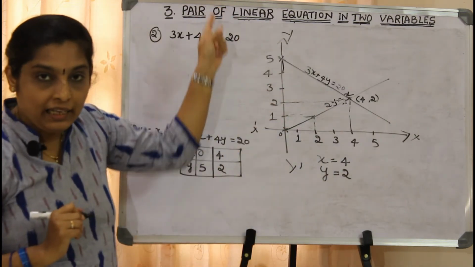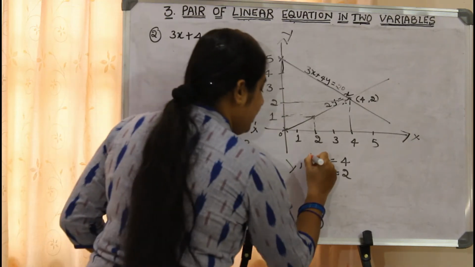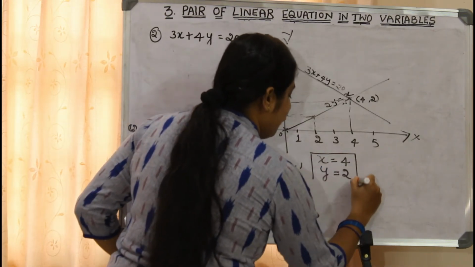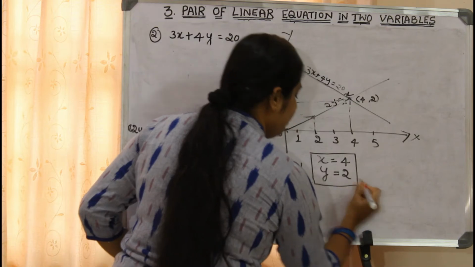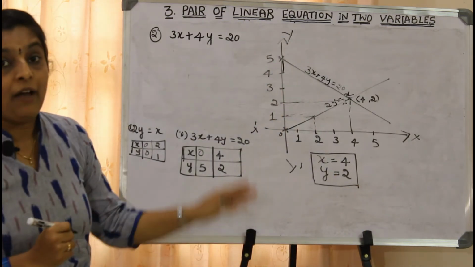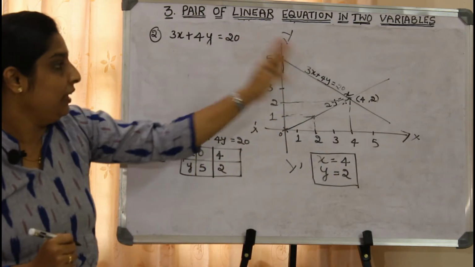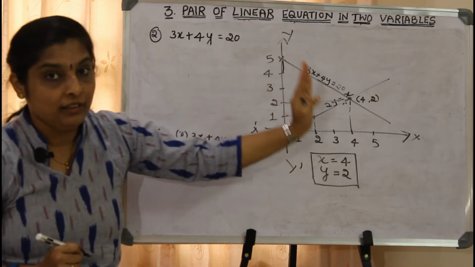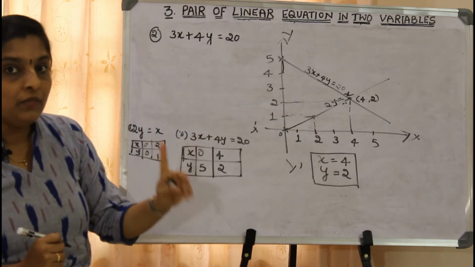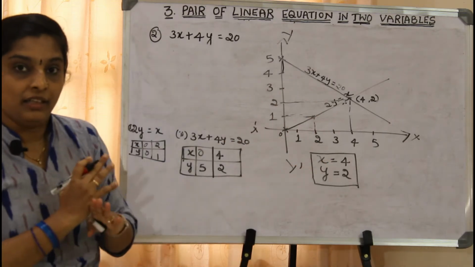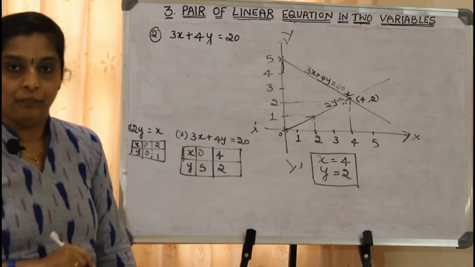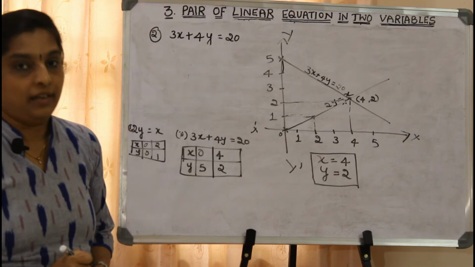So according to our graph, the solution is x is equal to 4 and y is equal to 2. So we have solved the pair of linear equations graphically like this, and you can observe both the lines are intersecting at only one point. Okay, now let us do the second example.